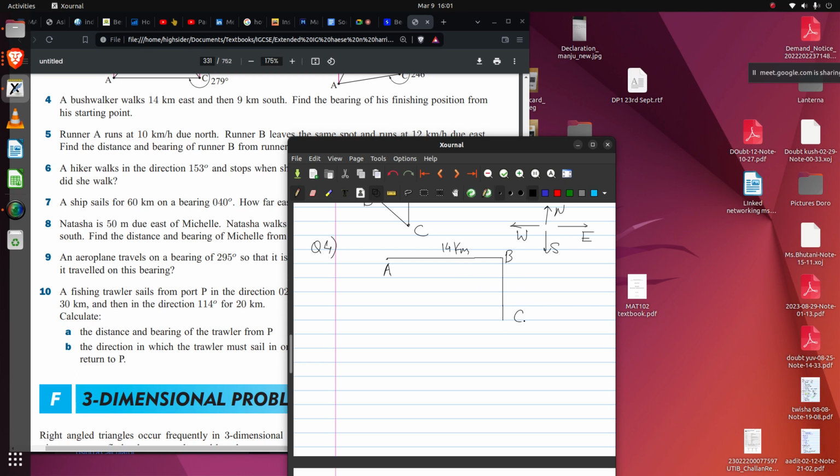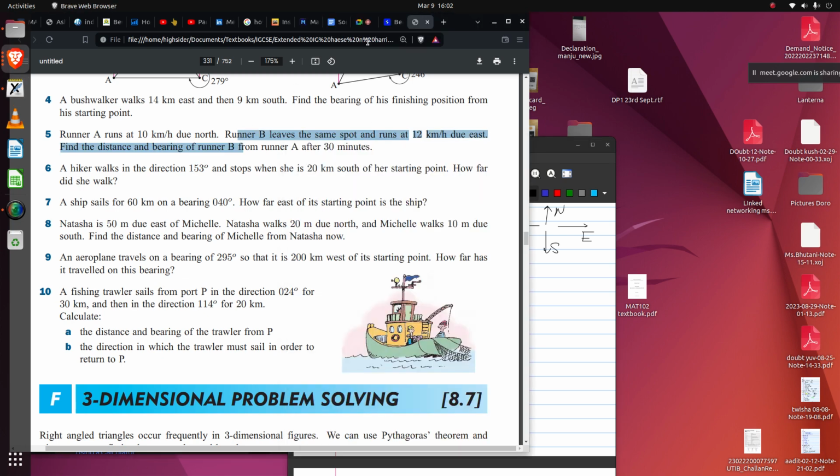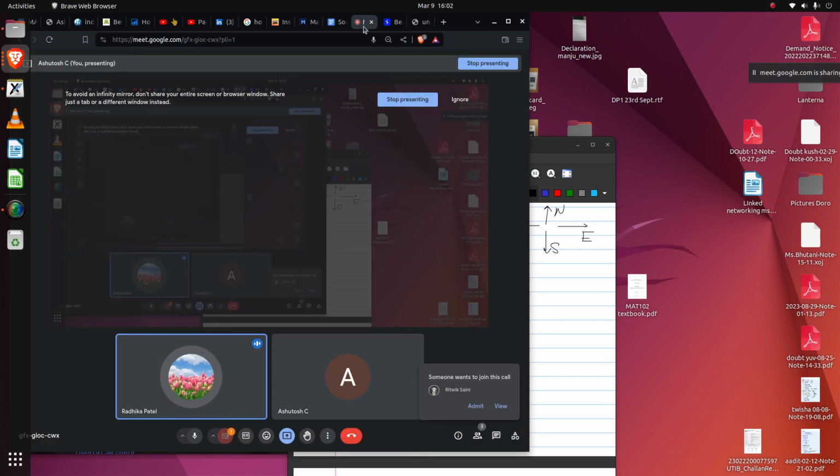And then we label that 9 kilometers. Good. And then we have to find the bearing of his finishing position from his starting point.